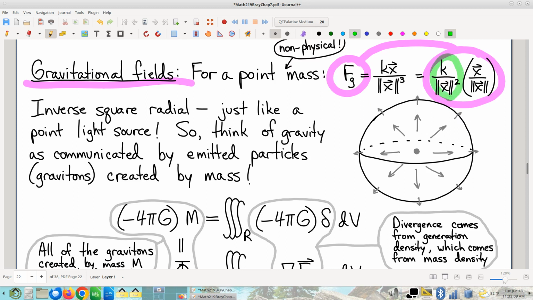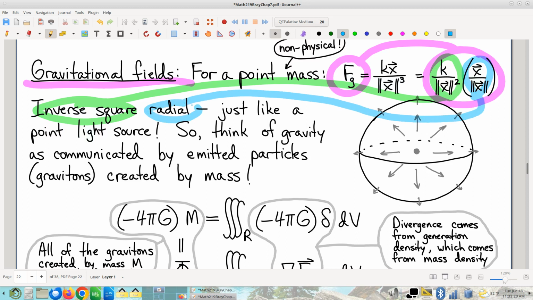You can see why they call it inverse square, because it's literally inverse square in terms of its magnitude. And you can see why we call it radial, because that unit vector, the direction that this is pointing, is always radial, outward or inward from the point source at the origin. So inverse square radial, yawn.